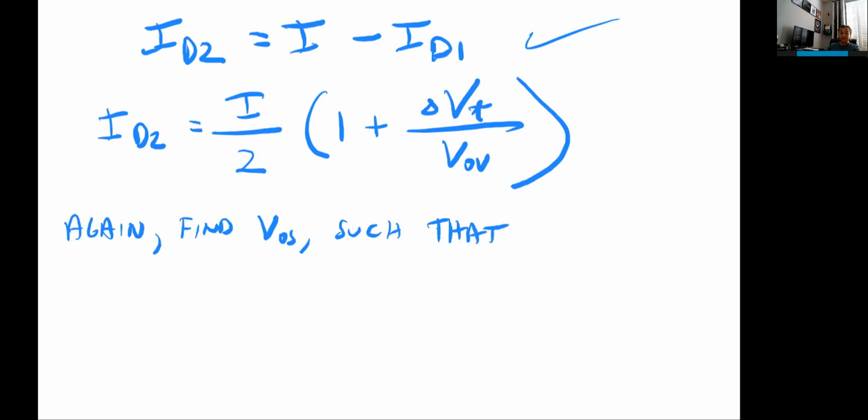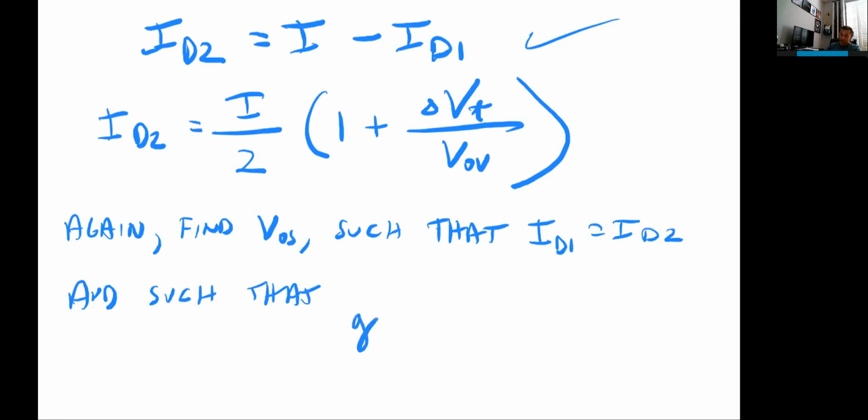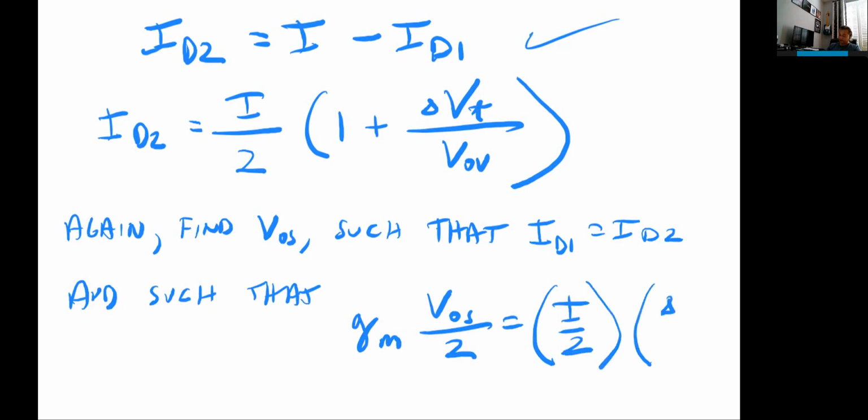So to find that offset that makes the current the same, and also GM in that case, if you use this expression and equate the equation of the currents, you find that offset voltage.